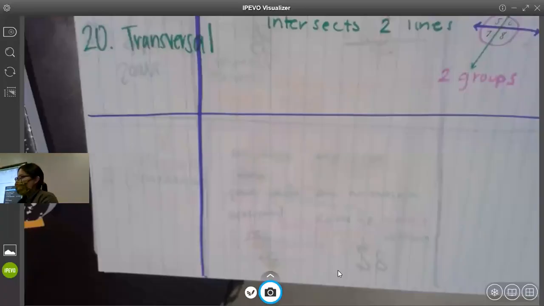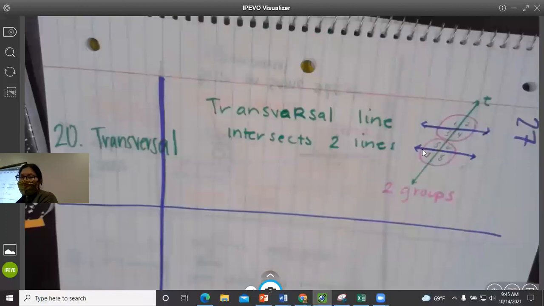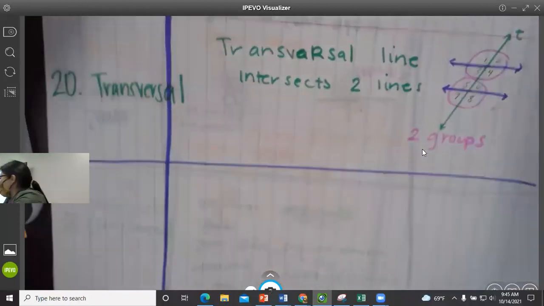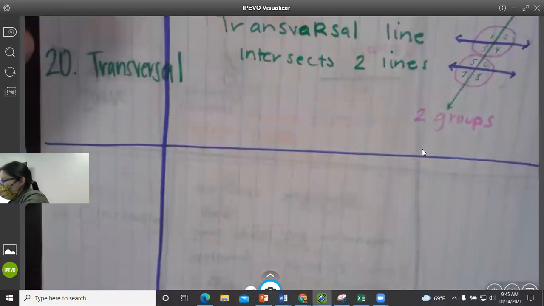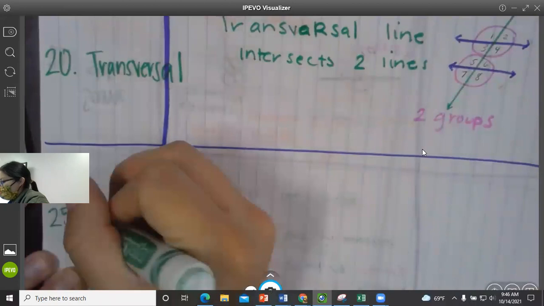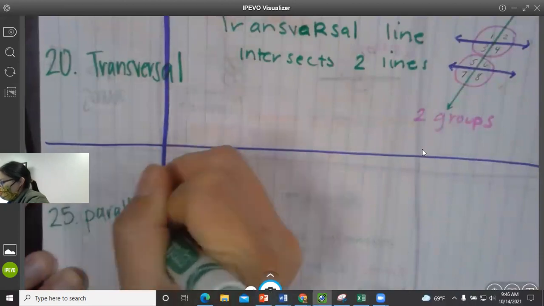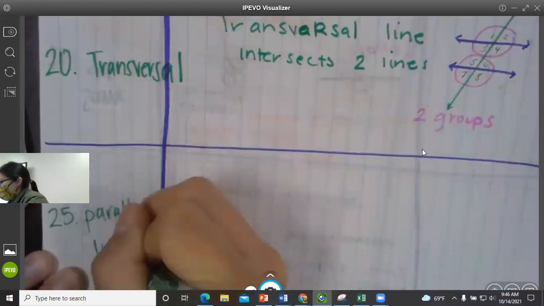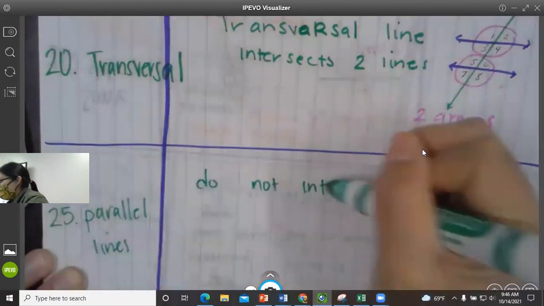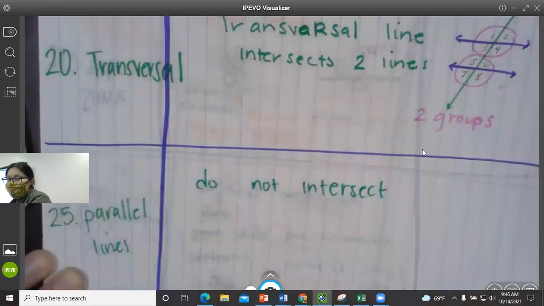We're back on page 27. And part of the exit ticket, you had to draw 2 lines that don't intersect. A lot of you kind of figured it out, that's called parallel. Parallel lines do not intersect, they don't cross, they never touch.